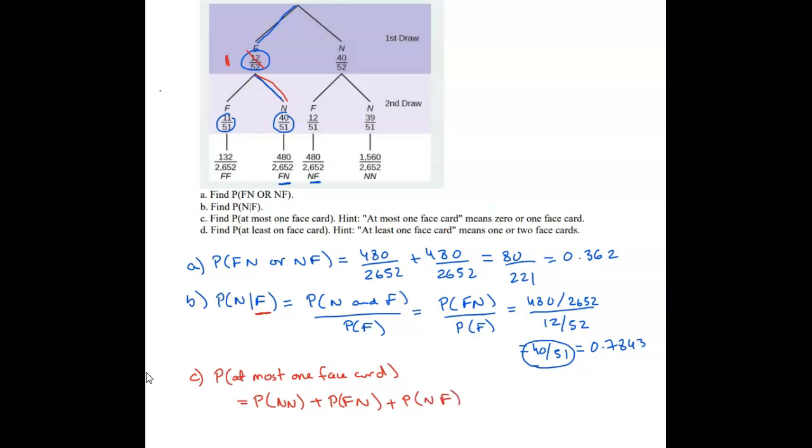So this is all the options that include at most 1 face card. So it's not going to include FF because that's 2 face cards. So we can add these up. So we have 1560 plus 480 plus 480 divided by 2652. Let me do that. All right, so 210 over 221, right? Which is the same as 0.9502.